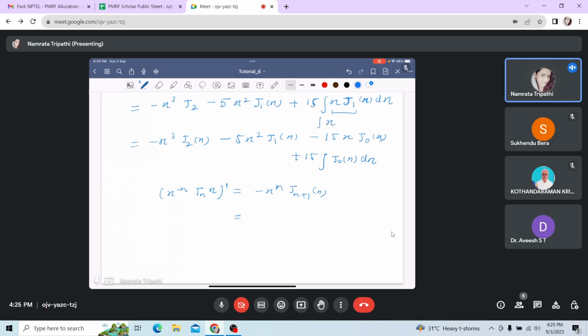You have to set the value of the integral according to the recurrence relation. So here you have to put n is equals to minus 2. So you will get J of 1 minus 2, this expression.